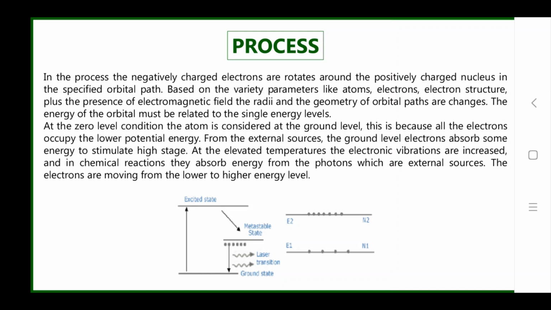From external sources, the ground level electrons absorb some energy to be stimulated to a higher state. At elevated temperature the electronic vibrations are increased, and in chemical reactions they absorb energy from photons, which are external sources. The electrons move from the lower to a higher energy level.